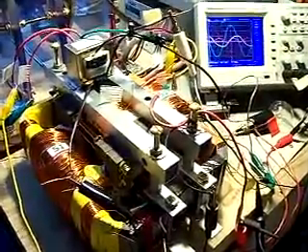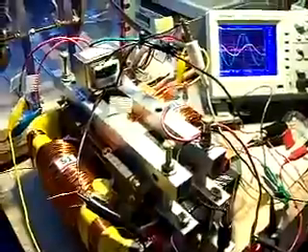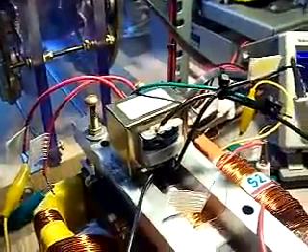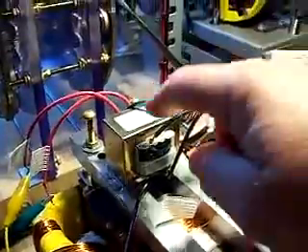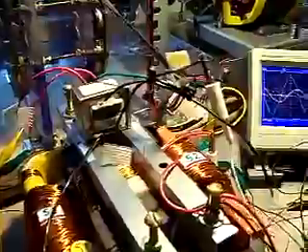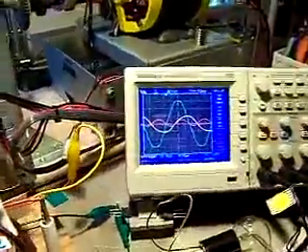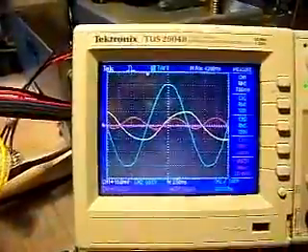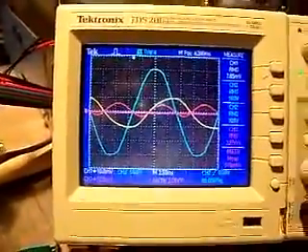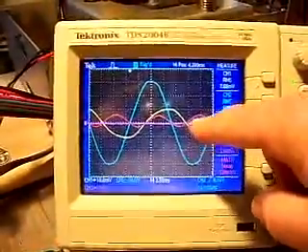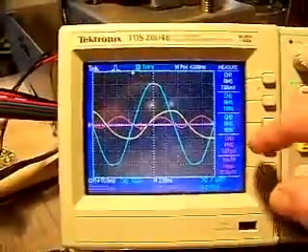Hello, here's a quick little video to show the difference between a conventional EI transformer and the BiToroid transformer when they're placed on load. Right now we have our voltage sine wave in blue, the current sine wave is yellow.